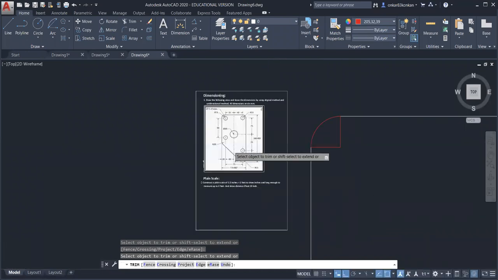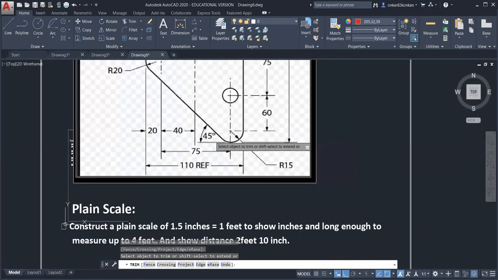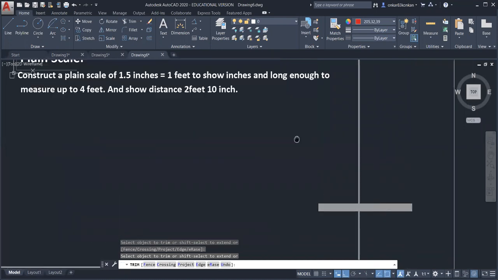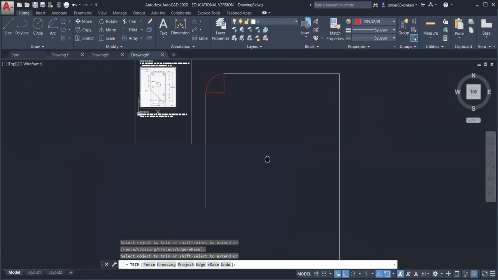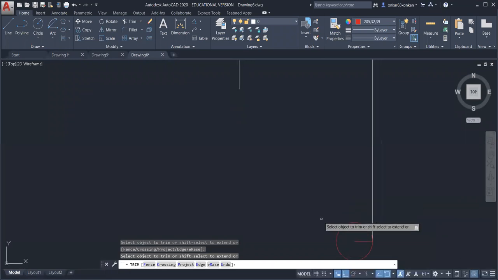And then we have to draw this inclined line. So we have to draw this inclined line such that the line must be 45 degrees and at the same time it must be tangent to this circle. Okay, so you have to adjust this. So you can draw one line.